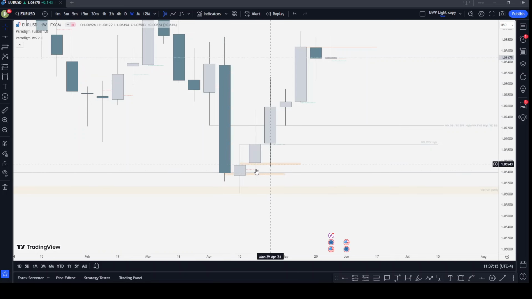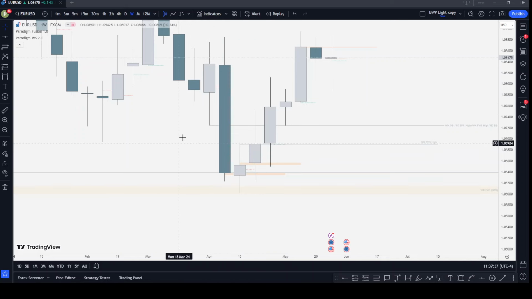So once price gets to that new week opening gap or is below it, you would be looking for longs. That means your bias is going to be bullish, and it's going to remain bullish until price returns into a new week opening gap that price has not yet returned back into after a change in state.